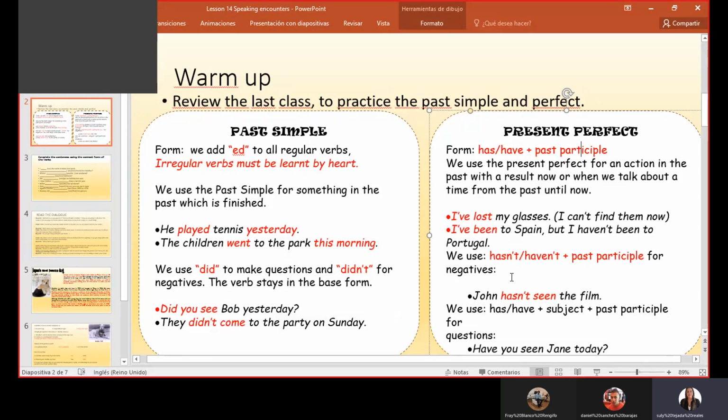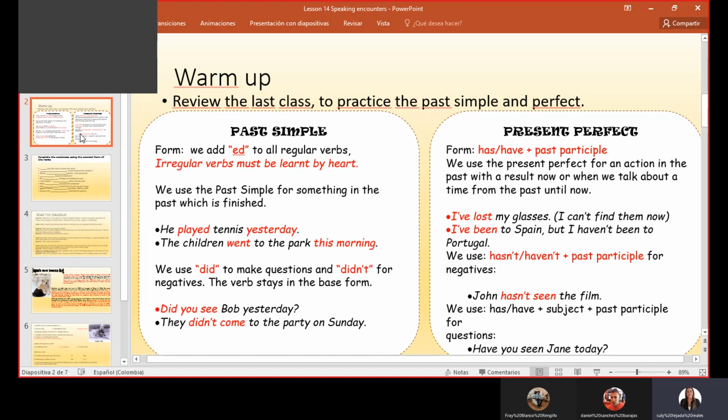We use hasn't or haven't plus past participle for negative. For example, John hasn't seen the film. We use has or have plus subject plus past participle for question. For example, have you seen Jane today?